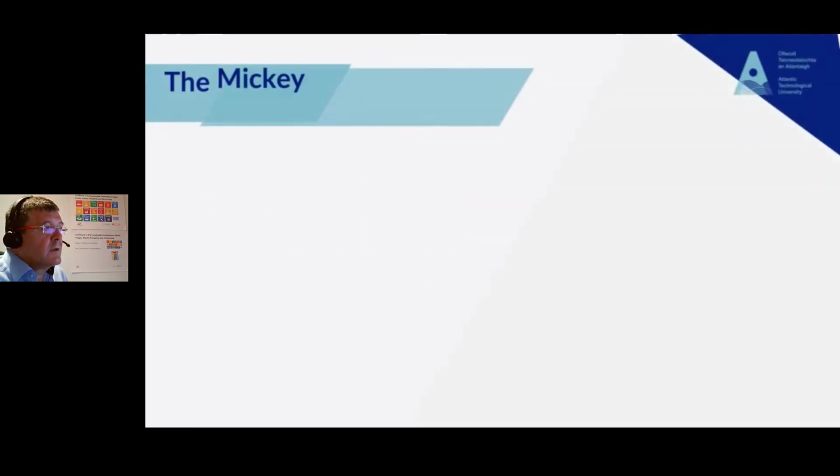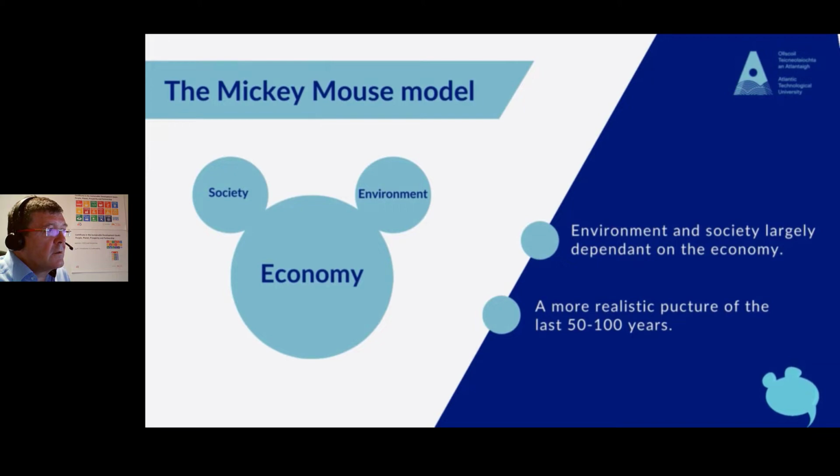Another model of sustainability that is commonly noted is the Mickey Mouse model of sustainability. Here you can see that society and the environment are represented as largely being dependent on the economy. And if you look closely, you won't see sustainability specifically mentioned anywhere in that particular model.